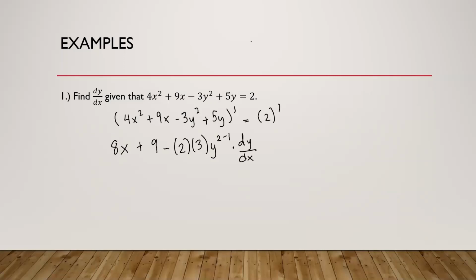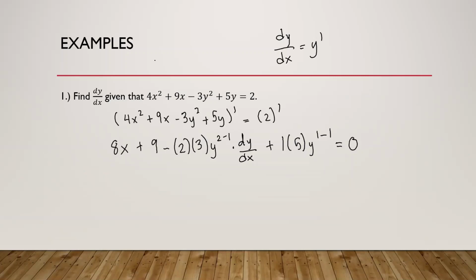Kasi, yan dy over dx, yun po ibig sabihin ng y prime, ha? Tapos, ganun din ang gagawin natin dito sa 5. So, 1 times 5, then y, then 1 minus 1. Tapos, yung si 2 naman, pag i-differentiate natin ay magiging 0 dahil constant siya.